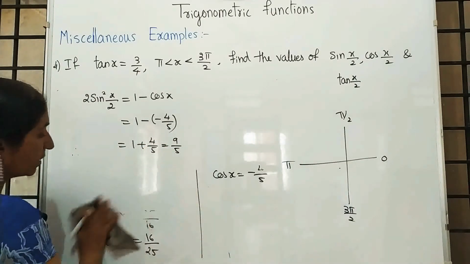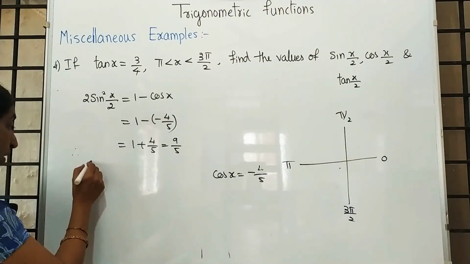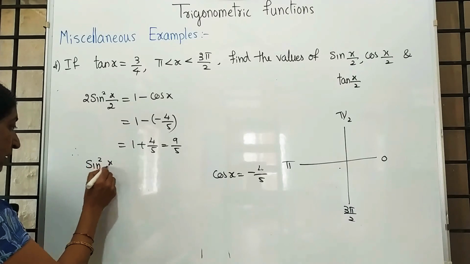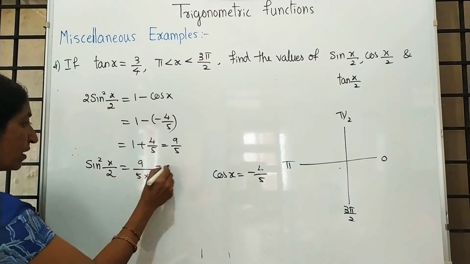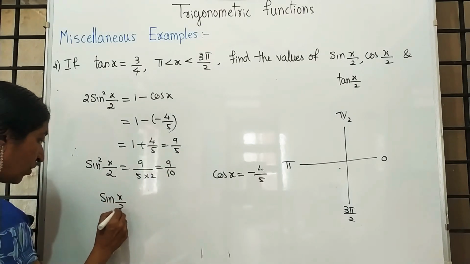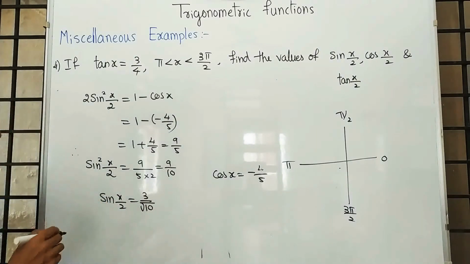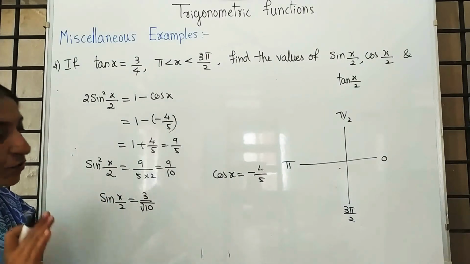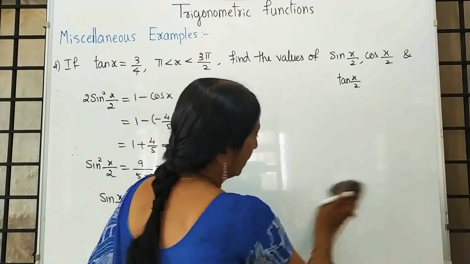This is 2 sin square x by 2. What is sin square x by 2? 9 upon 5 into 2, that is 9 by 10. Sin x by 2 is what? It is 3 by root 10, because sin x by 2 is positive. Now write down cos x by 2.